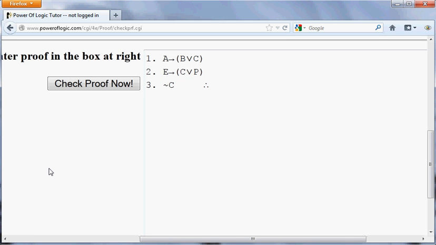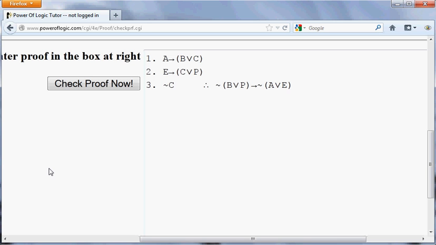That'll give me a therefore. My conclusion here is going to have a compound antecedent. It's going to be neither B nor P, not parenthesis B or P. And it's also going to have a compound consequent, not A or E, neither A nor E.